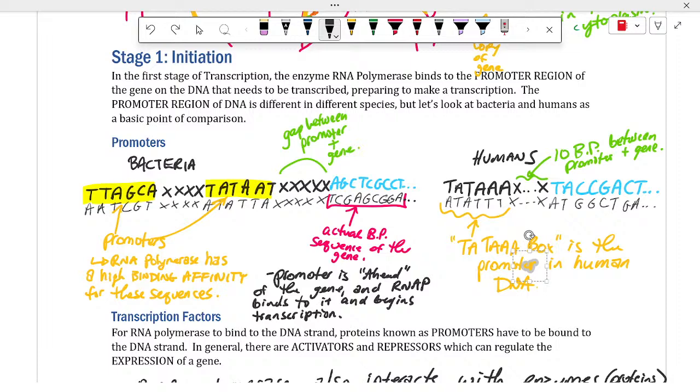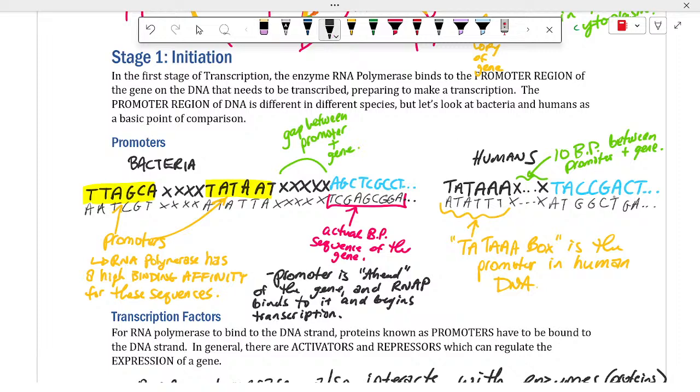In humans, we have what's called the TATA box, which is that 10 base pairs behind the actual beginning of the gene, we have this typical sequence, thymine, adenine, thymine, adenine, adenine, adenine. And that sequence is required for RNA polymerase to bind to the DNA molecule and begin transcribing. So that sequence appears in front of our genes.